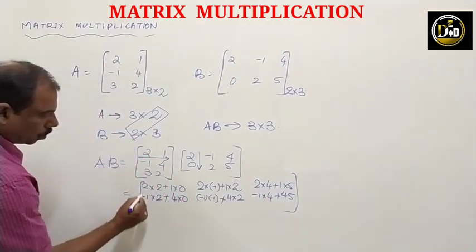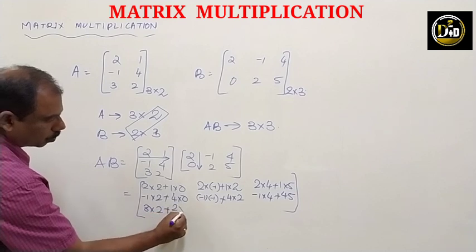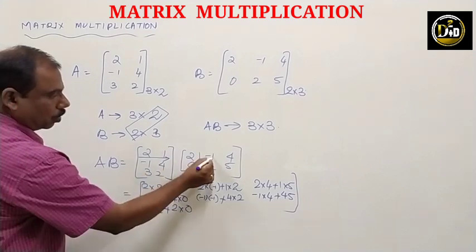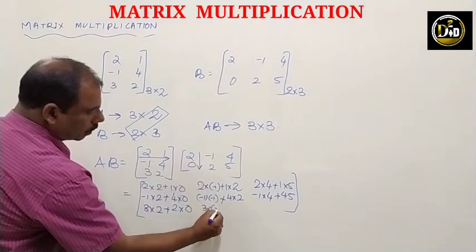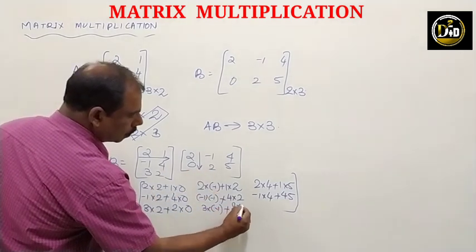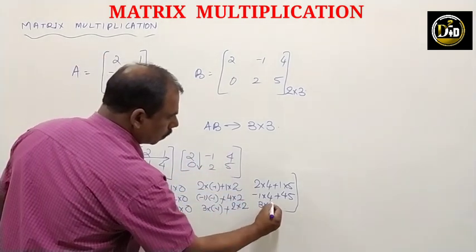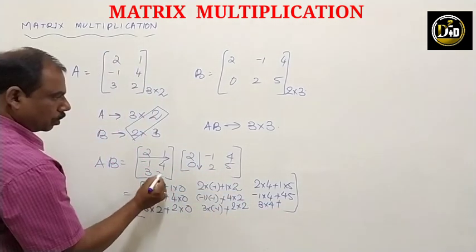The last row, 3 into 2 plus 2 into 0, 3 into minus 1 plus 2 into 2. The last element, 3 into 4 plus 2 into 5.